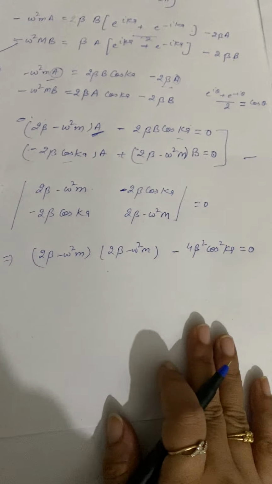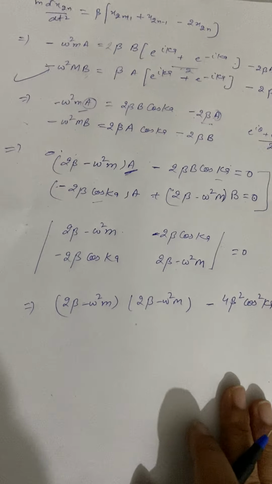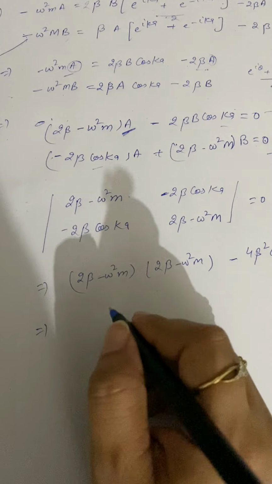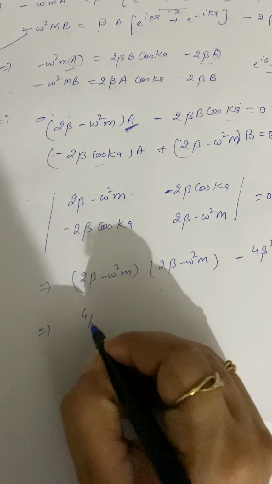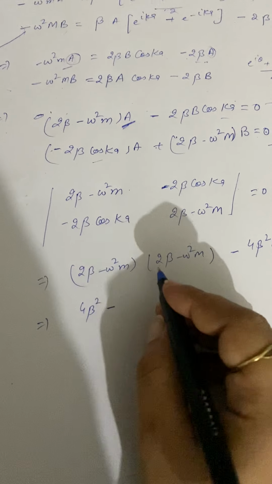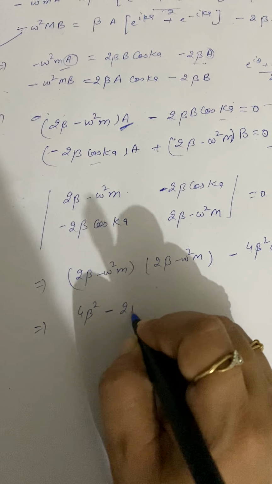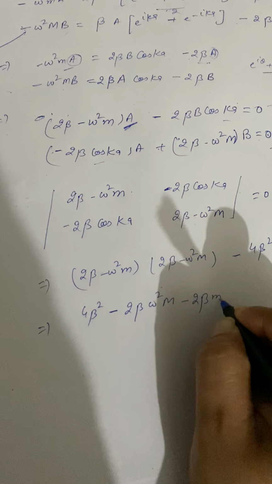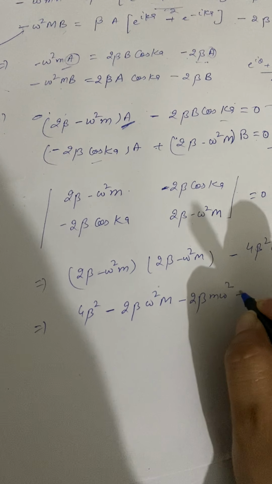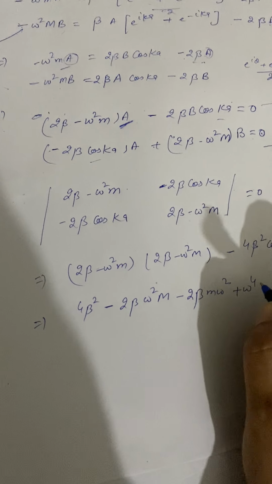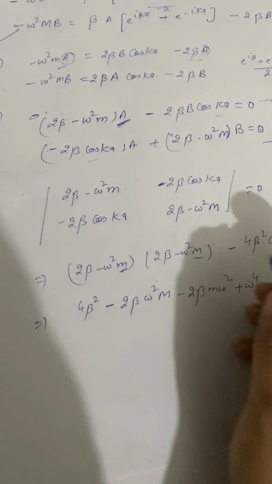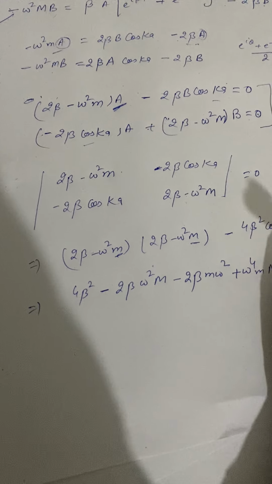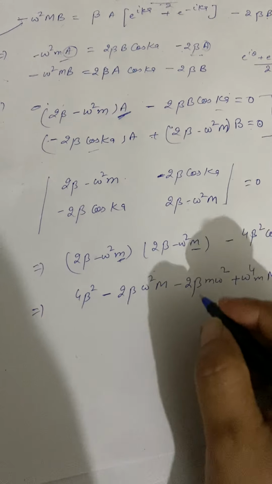So by solving this equation we will get a quadratic equation. How will we get it? It is 4 beta square minus 2 beta omega square capital M minus 2 beta small m omega square plus omega raised to power 4, small m and capital M, minus 4 beta square cos square ka is equal to 0.